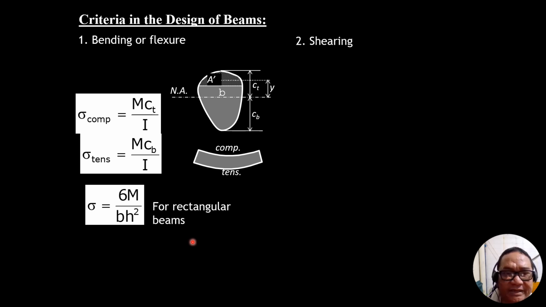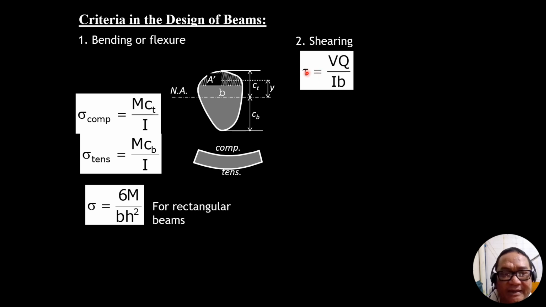Then for shearing, we have VQ over Ib. Remember, VQ over Ib, the formula. The derivation is again in the subject strength of materials. For you to easily remember this, you may replace the shear stress symbol tau here by small letter v, which corresponds to shear stress also.